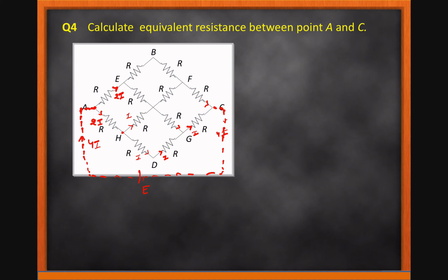So if we apply Kirchhoff voltage law in the loop A, D, C, E, A, so minus E is equal to what?